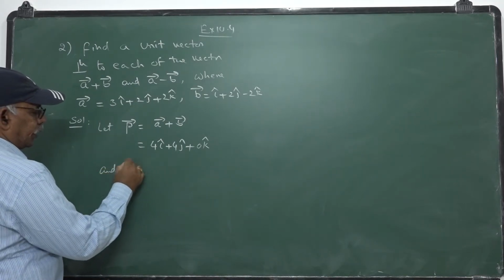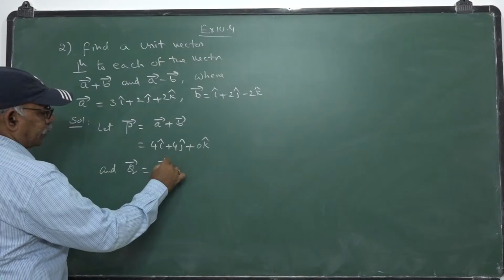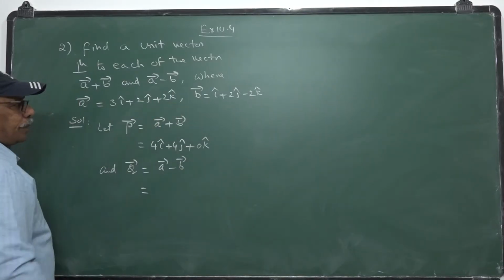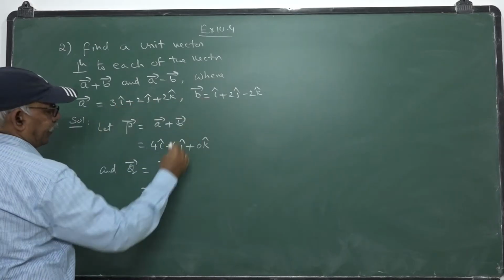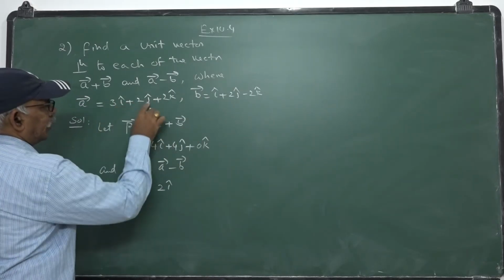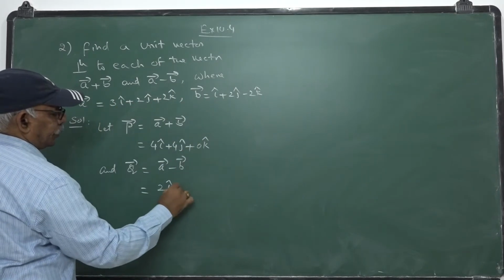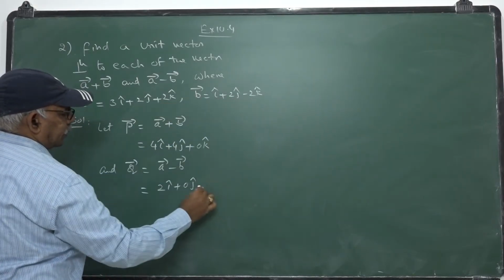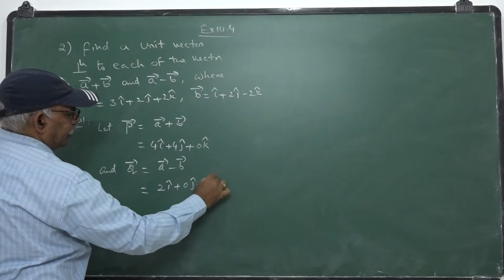And let us consider q bar as a bar minus b bar. Subtracting b bar from a bar, we get 3i minus i, 2i. 2j minus 2j, 0j. 2k minus of minus 2k, hence we get 4k.